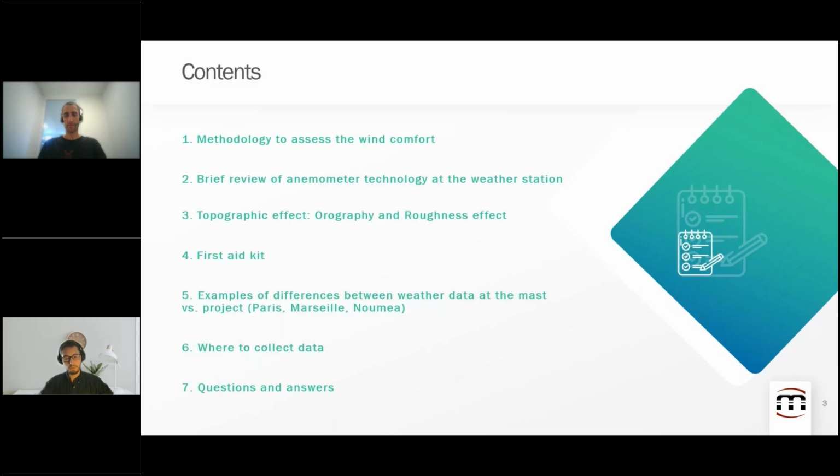After, Guillaume will provide you a first aid kit around the wind data, with examples of differences between weather data from the mast compared to a project.